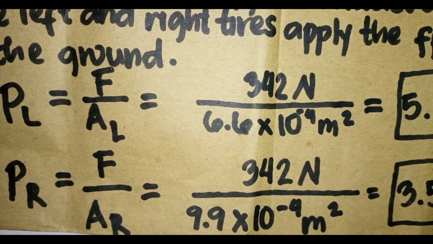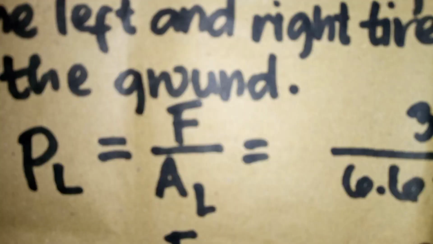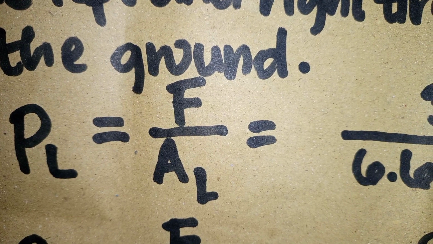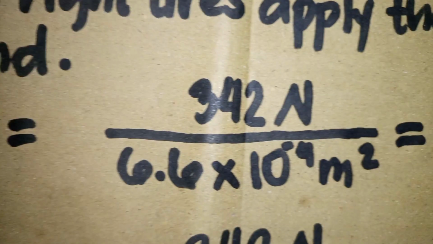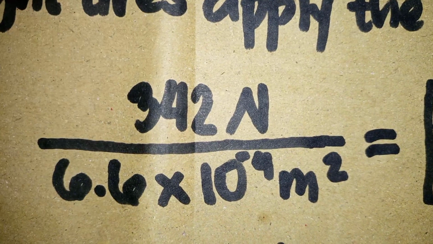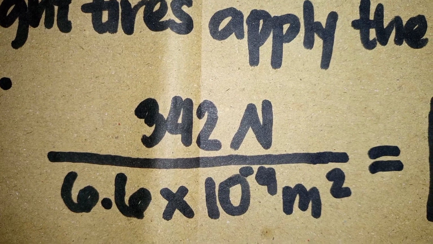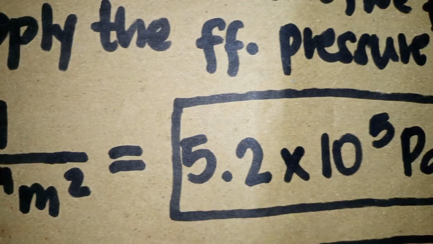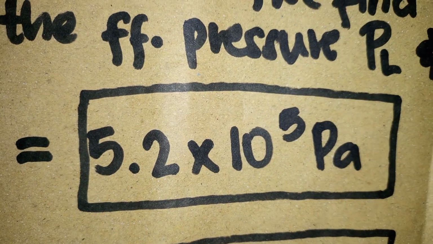Using Newton's third law, we conclude that each tire applies to the ground a downward force of 342 Newton. Using this value and the given contact areas, we find that the left and right tires apply the following pressure left and pressure right to the ground. So these are the solutions. Pressure left equals force over area left equals 342 Newton over 6.6 times 10 to the negative 4th power m squared equals 5.2 times 10 to the 5th power pascal.